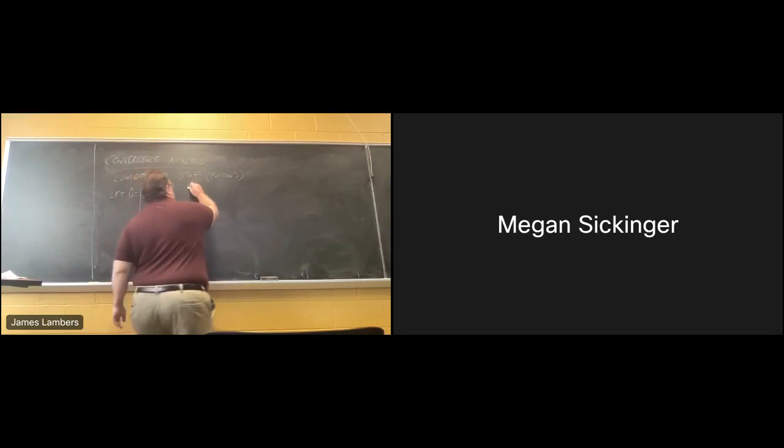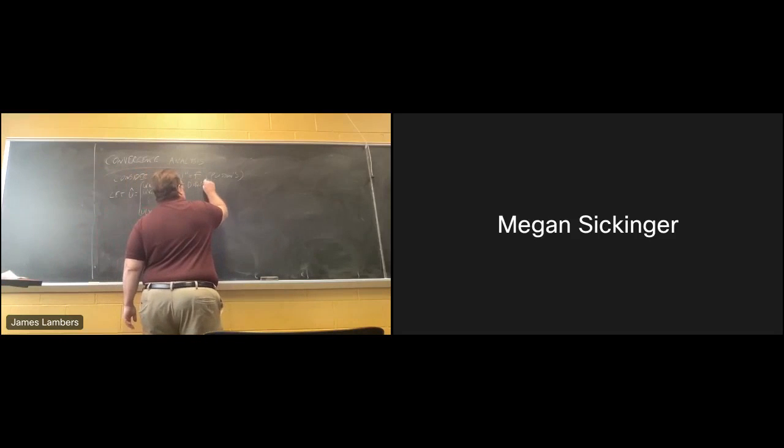Now, I'm going to let U hat consist of values of the exact solution at my grid points. And I'm going to assume Dirichlet boundary conditions on both ends.